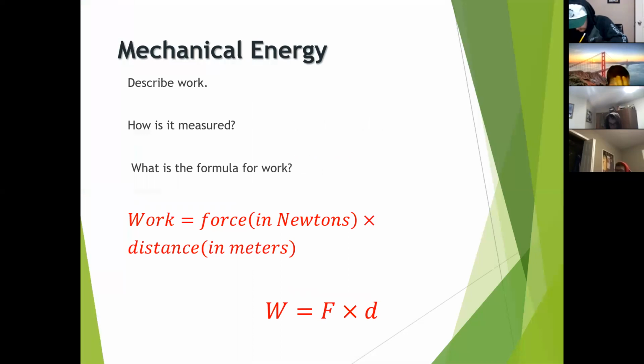So when it comes to mechanical energy, we've gone over what mass is and what force is, what weight is. When we talk about work in and of itself, this is going to be the thing that has to be done over a distance. Okay, so you have to have a force. It's going to have a direction.